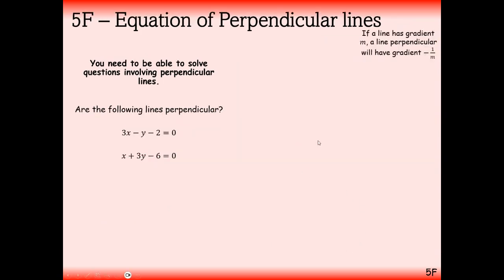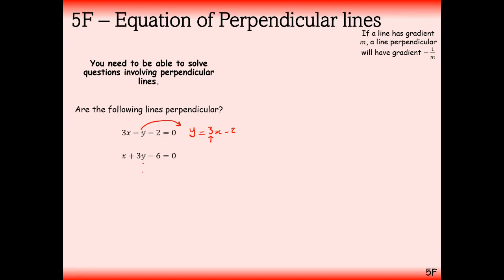We've been told to determine whether these two lines are perpendicular, by identifying the gradients and comparing them with each other. Let's say this line, adding y to the right, gives y equals 3x minus 2. So we know the gradient here is 3.